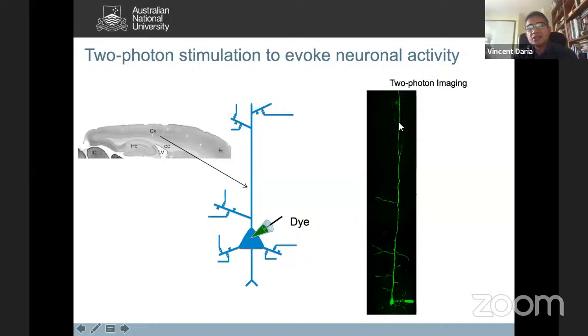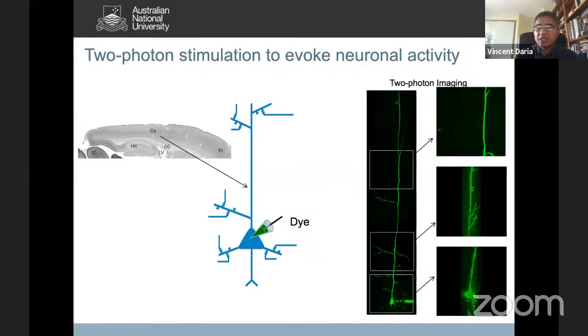Note that this is an example image of the neuron, but there will also be other neurons behind it, because there are a lot of neurons in here. But we are only looking at this neuron with the dye in it. So once you've seen the dye, you've seen the neuron, and you've imaged the 3D morphology of the neuron, then you can study different areas of the neuron, different parts of the dendrite.